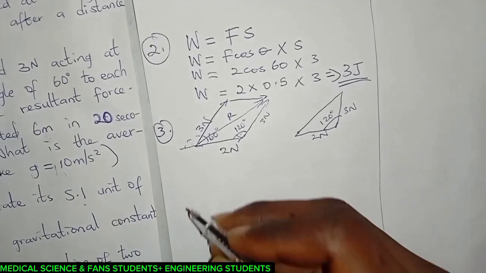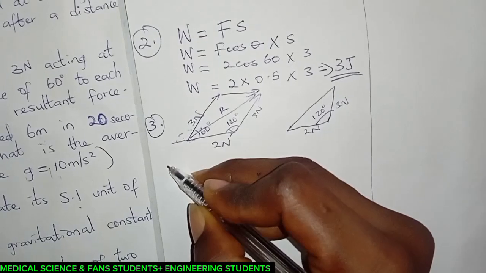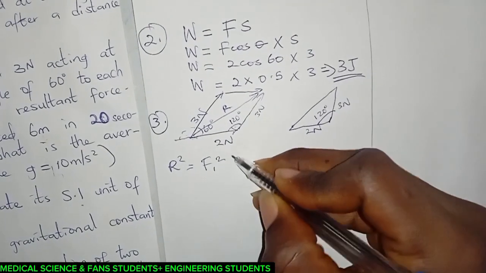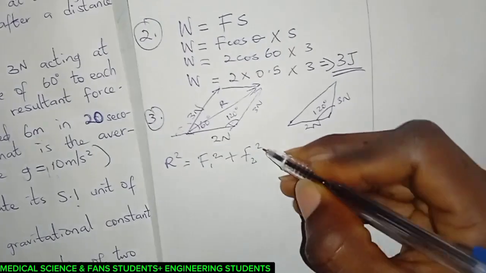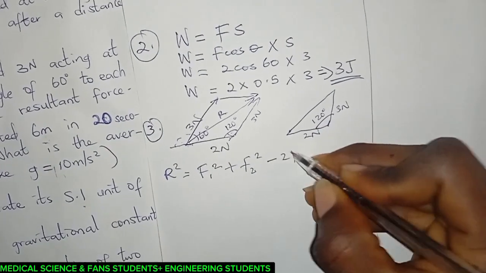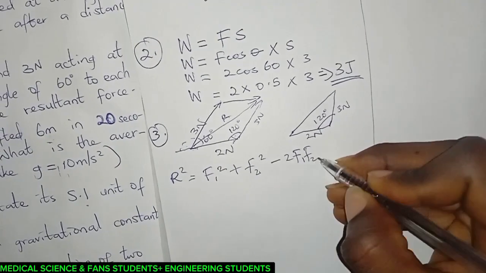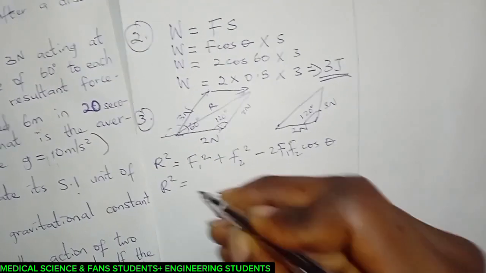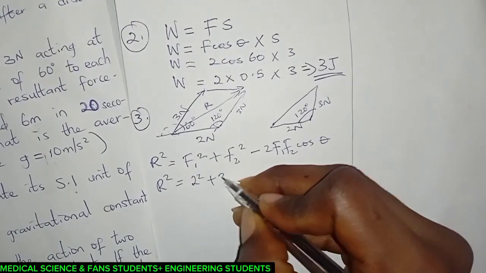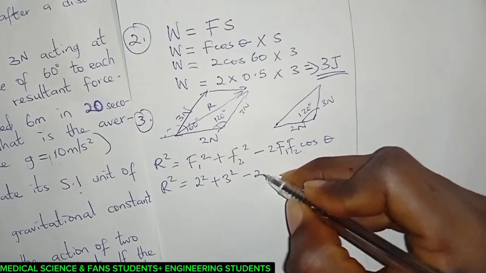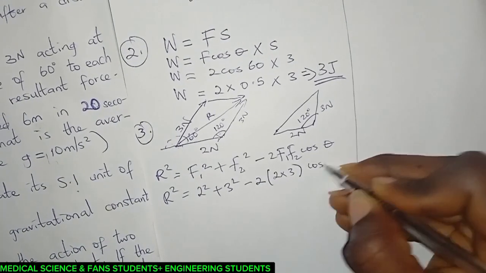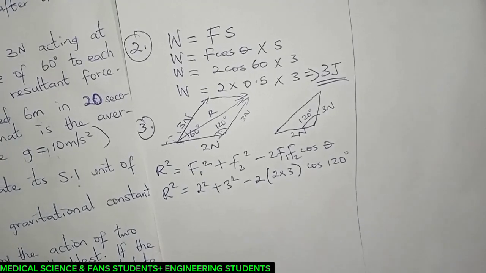So now using cosine rule, I have R squared equals F1 squared plus F2 squared minus 2 F1 F2 cos theta. R squared equals 2 squared plus 3 squared minus 2 times 2 times 3 cos 120 degrees.